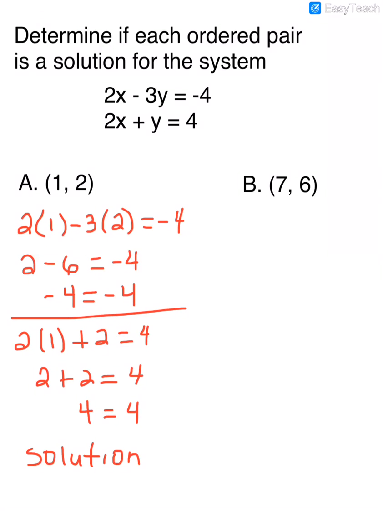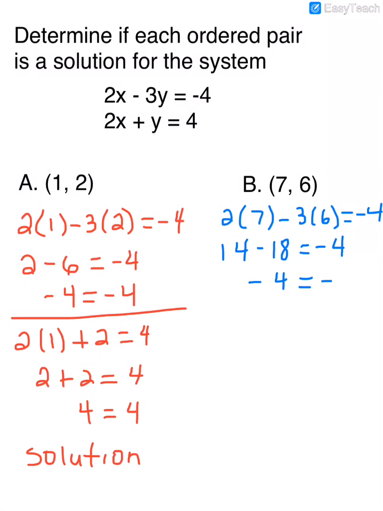If I plug in 7, 6 into both equations, if I plug in 7 for x and 6 for y, that gives me 14 minus 18 equals -4. 14 minus 18 is -4, so -4 equals -4.